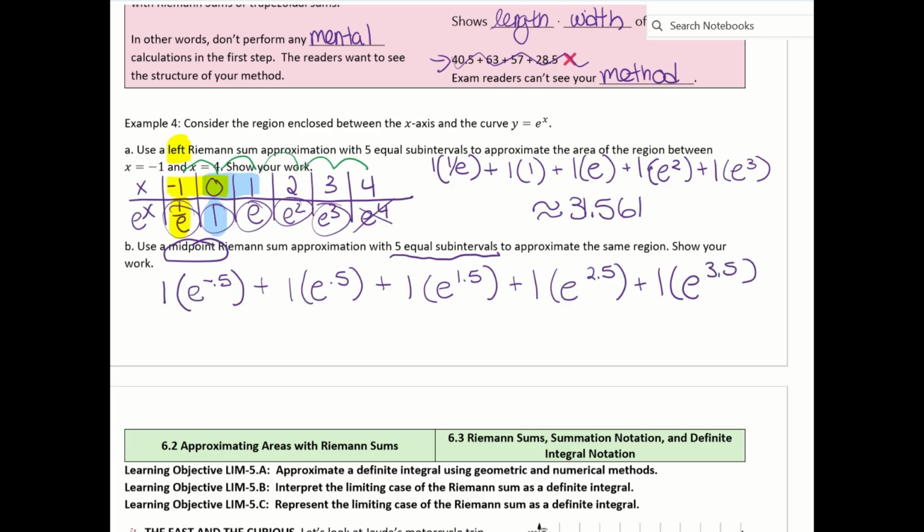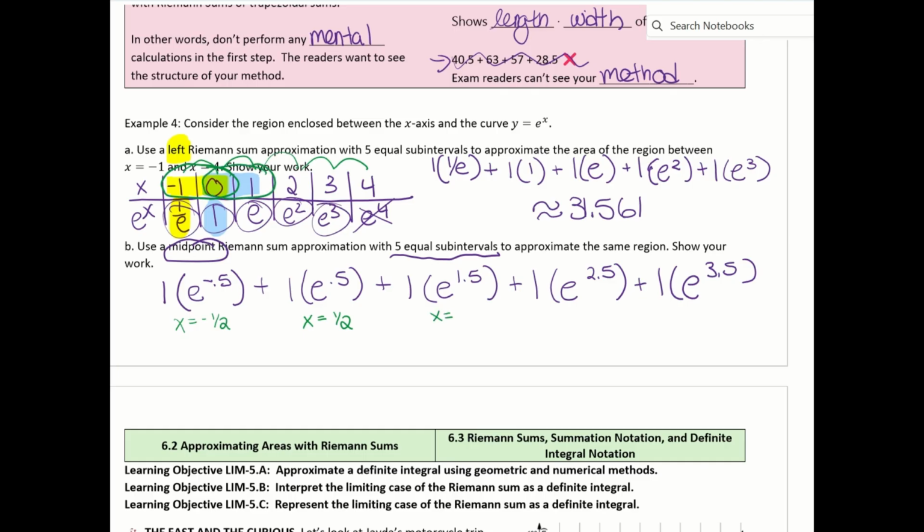So the midpoint Riemann sum means that we're going to substitute in x values that are halfway between all the x values we're given. So what we did is we substituted in x equals -1/2 here because it's halfway between -1 and 0. Here we substituted x equals 1/2 because it's halfway between 0 and 1.